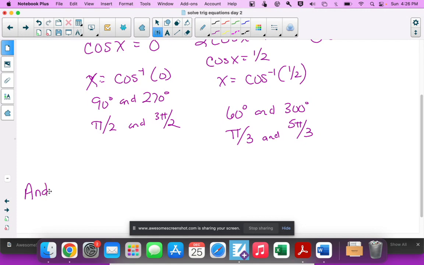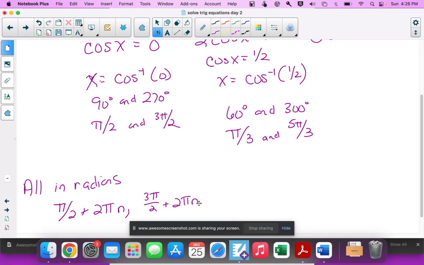So in this case, I'm just going to write in radians. So just to give you the example, if I want all in radians, then it would be pi over 2 plus 2 pi n, 3 pi over 2 plus 2 pi n, pi over 3 plus 2 pi n, and then 5 pi over 3 plus 2 pi n.